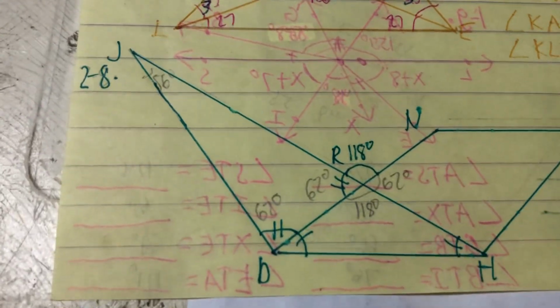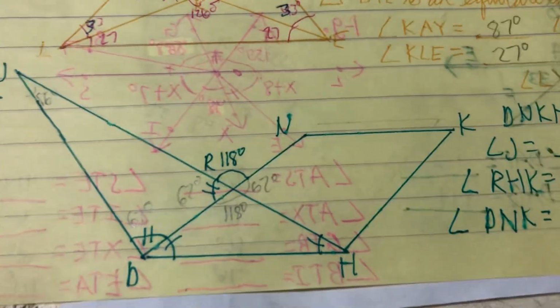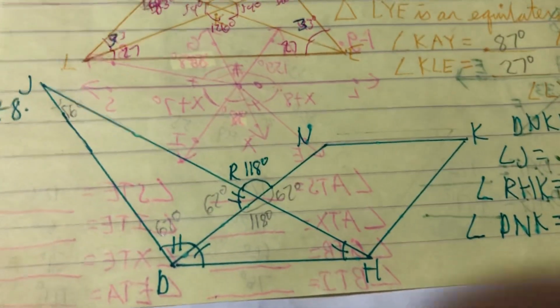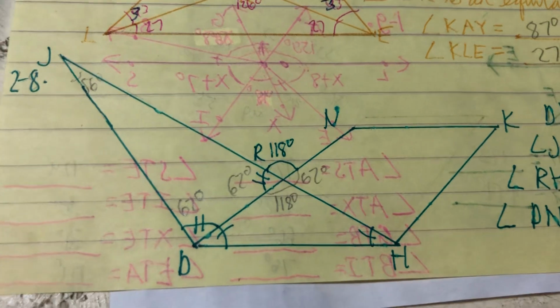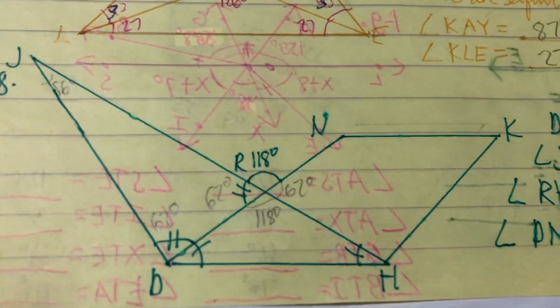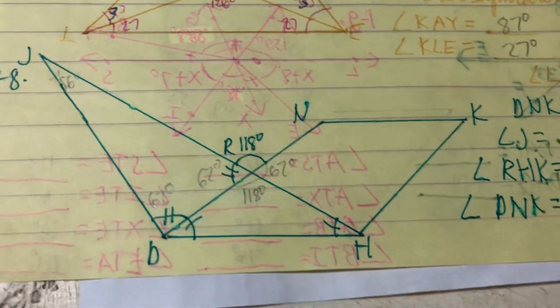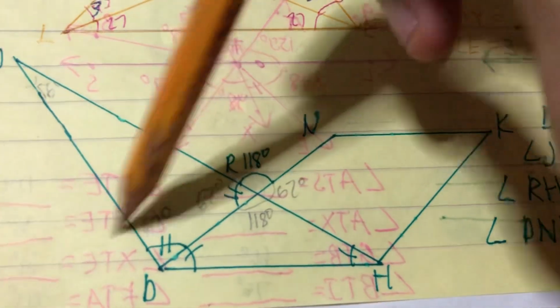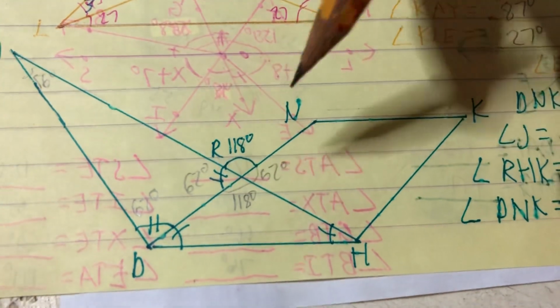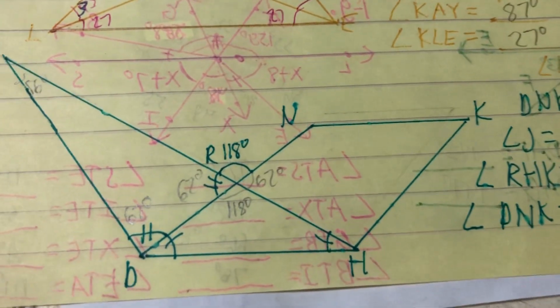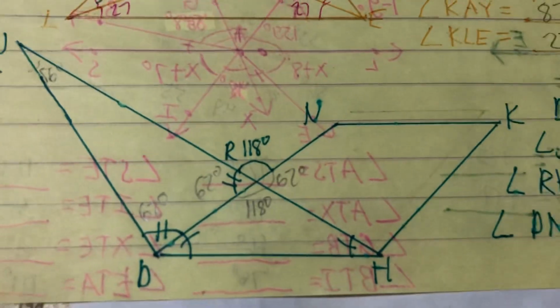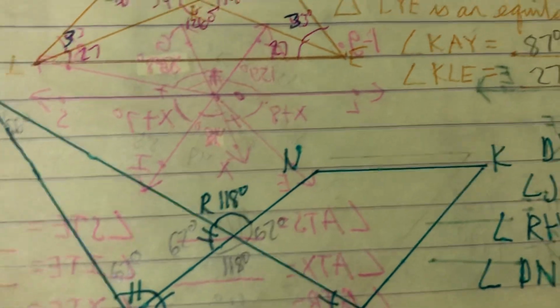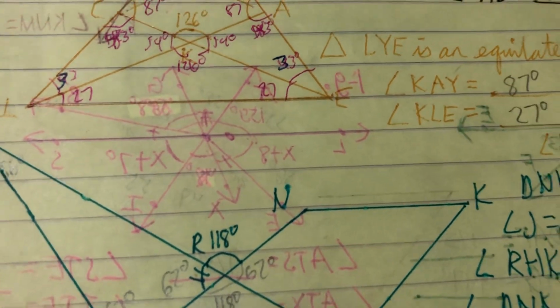Then look at the problem. In other problems, you might also encounter something else. We also have an obtuse triangle, but we do not know the measure of the angle yet. But take note, in triangle DHR, we have an isosceles triangle. So we can conclude that both of the angles have the same measure.